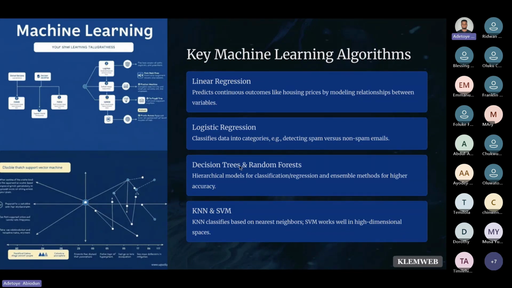Key machine learning algorithms. We have linear regression, used to predict continuous outcomes like housing price by modeling the relationship between variables. So that is linear regression.